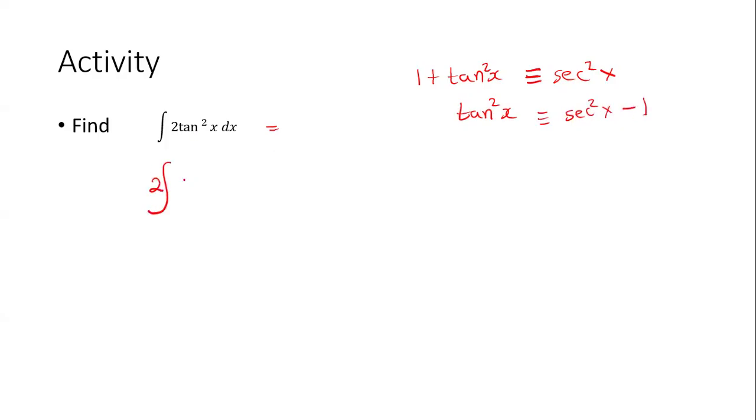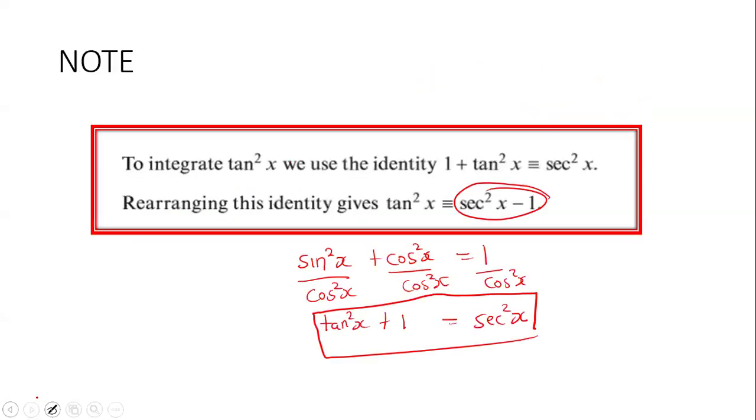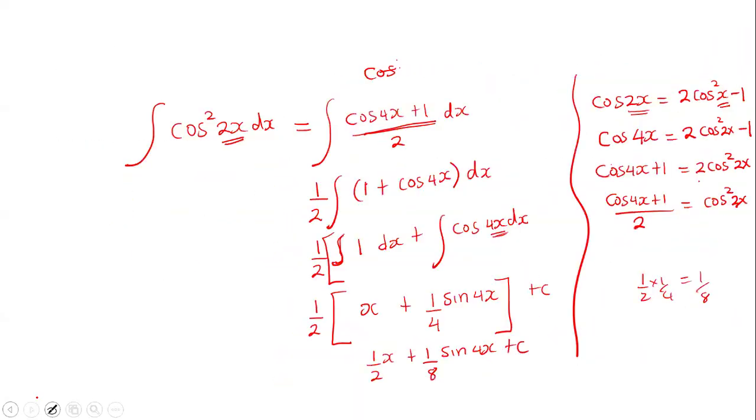Allow me to put the 2 out. Then I'll have the integral of sec squared x minus 1, everything dx. When I open the integral, I have the integral of sec squared x dx minus the integral of 1 dx. Now, the integral of sec squared x you just need to know from our table.